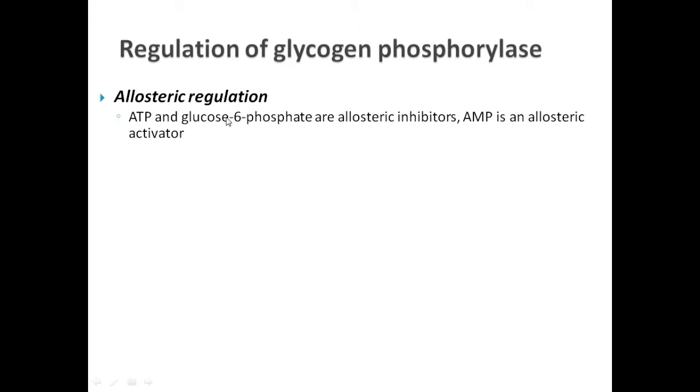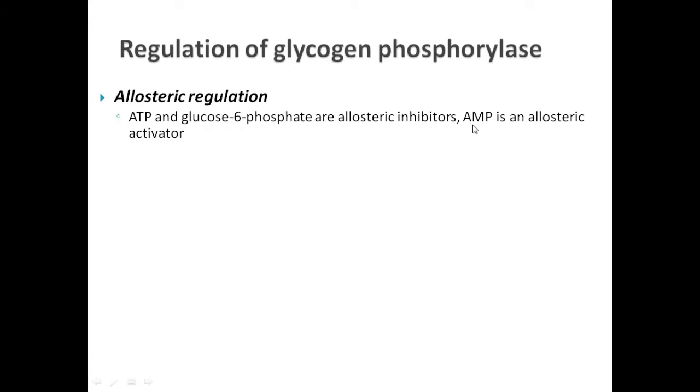It already has a lot of glucose 6-phosphate, which can continue its flux through glycolysis, the TCA cycle, etc. So it doesn't need to break down its glycogen store, and therefore it will inhibit the glycogen phosphorylase enzyme.